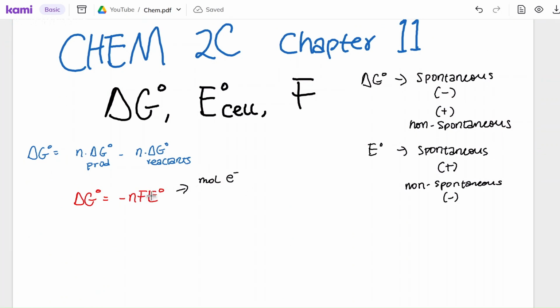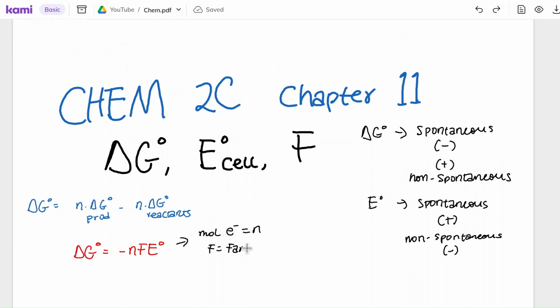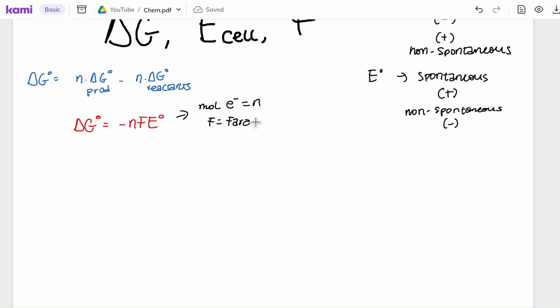And the N is the moles of e. The F is something called Faraday's constant. And the E is obviously the cell potential.